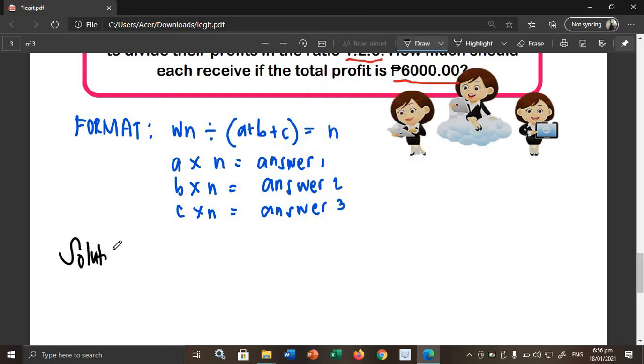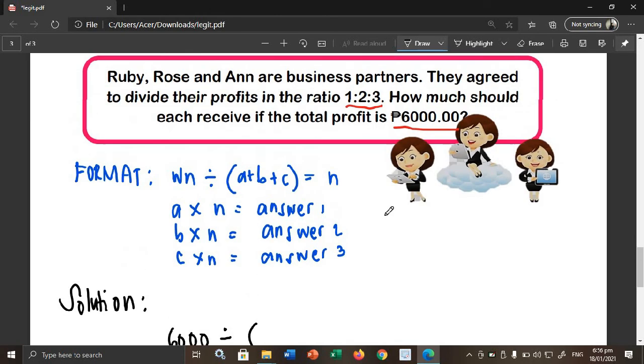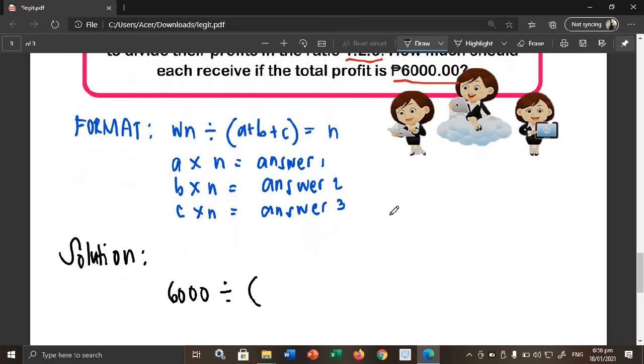So, sulat natin yung solution, and then, yung whole number dito sa given natin is equal to 6,000. Sulat natin yung given according sa format. 6,000, i-divide natin sa sum ng mga numbers in your ratio. So, you need to add 1, 2, and 3.